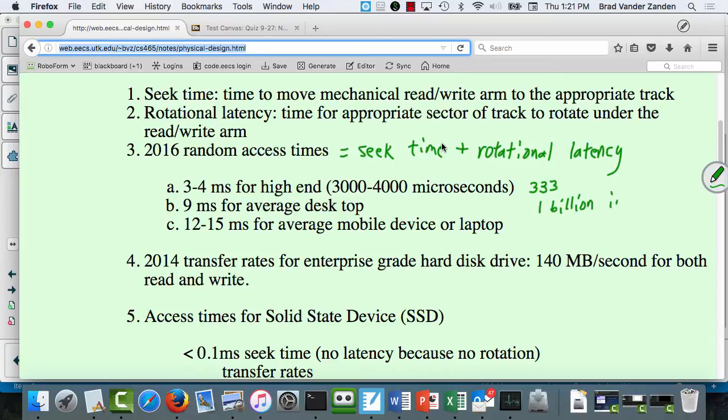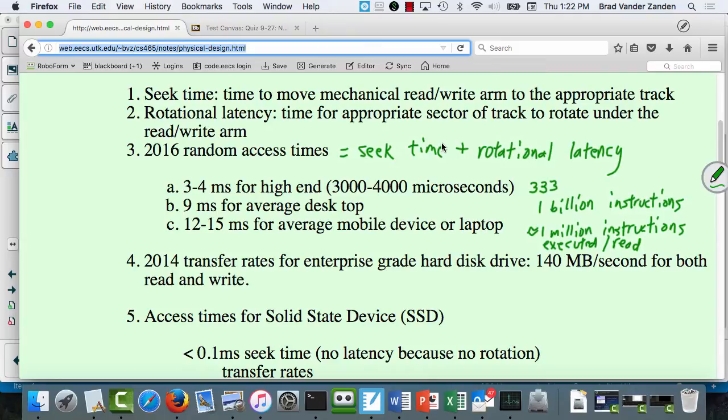It's not quite that high, but it's pretty high. So roughly 1 million instructions can be executed per read. That's pretty substantial.